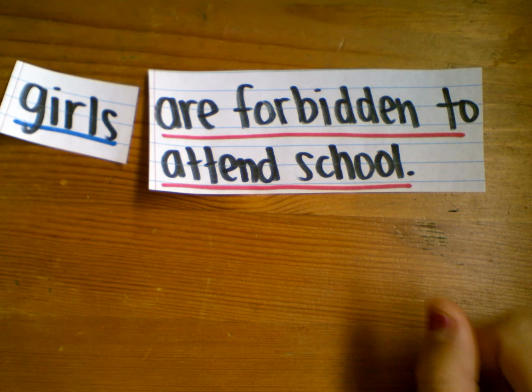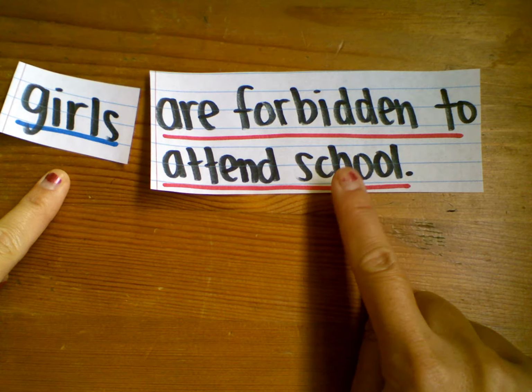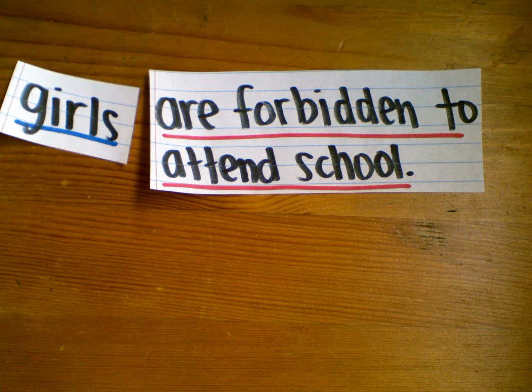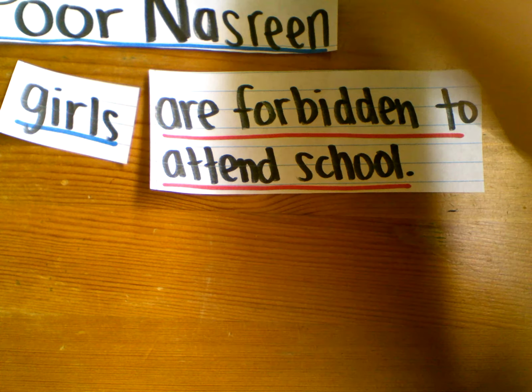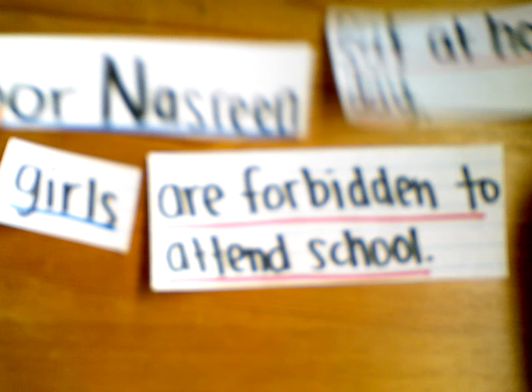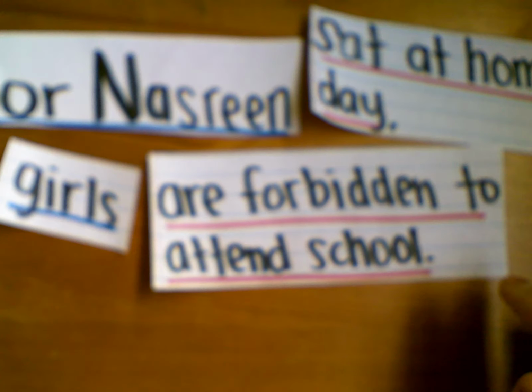Why did I underline the fourth chunk in blue and then the fifth chunk in red? Just like how I did for the first 2 chunks. So here, poor Nasreen, I underlined in blue. And then the second chunk, sat at home all day, was in red.